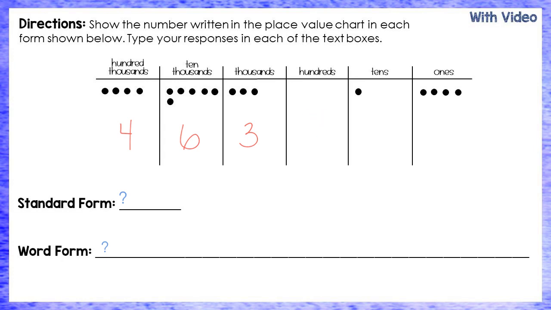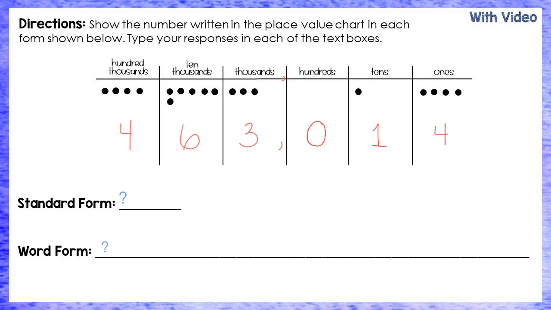Don't skip it. You need to write a 0 in the hundreds place. How many tens are there? There is 1 ten. How many ones are there? There are 4 ones. And then our comma always goes between the hundreds and the thousands.